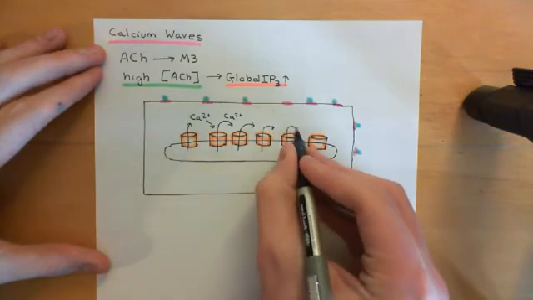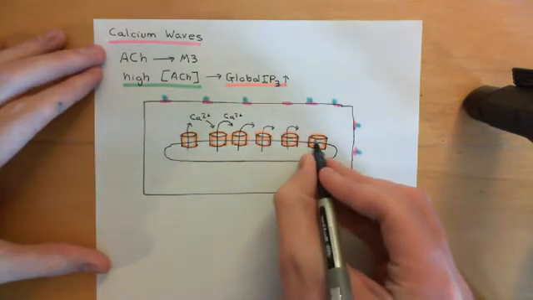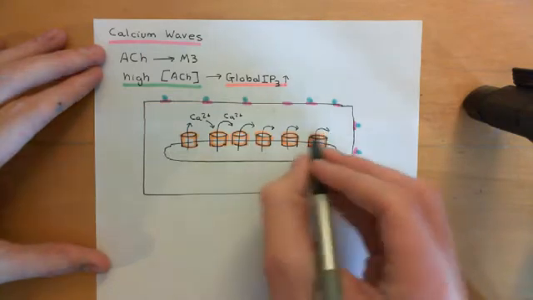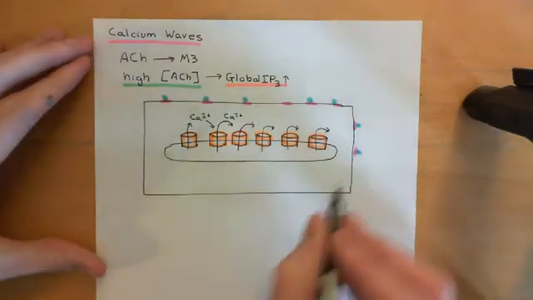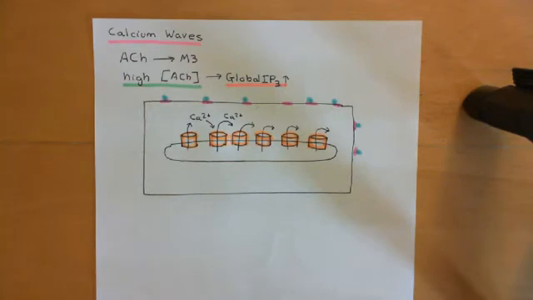So you'll get the propagation of the activation of these IP3 receptors right from one side of the cell to the other side of the cell, simply because a lot of the IP3 receptors have 4 IP3s bound to them, and therefore are going to respond in an activatory way to increased cytoplasmic calcium.